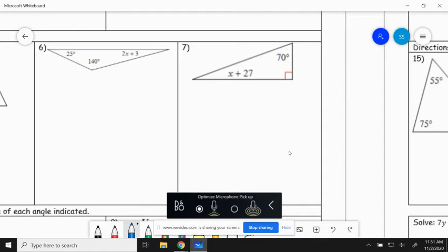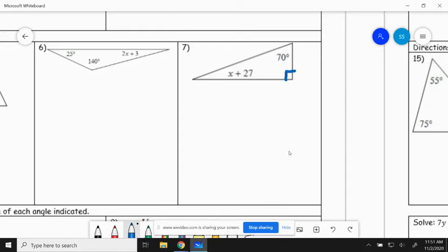What don't we know? We need to find x. This box here means that this angle is 90 degrees. So we can just go ahead and do 90 plus 70 plus x plus 27 is equal to 180 degrees. And just solve this equation out.